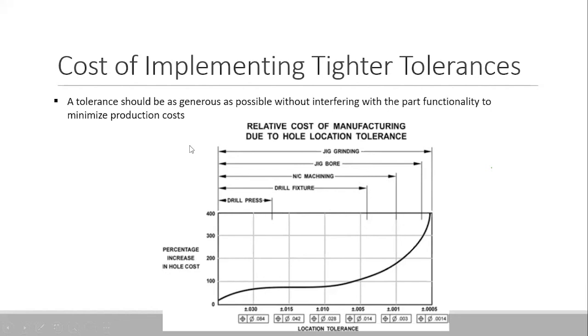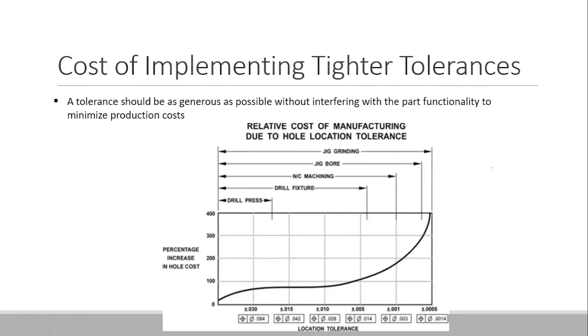So the guideline is that the tolerance should be as generous as possible without interfering with the part functionality, to minimize production costs. As a designer, you have to make sure that the part is going to be functional.